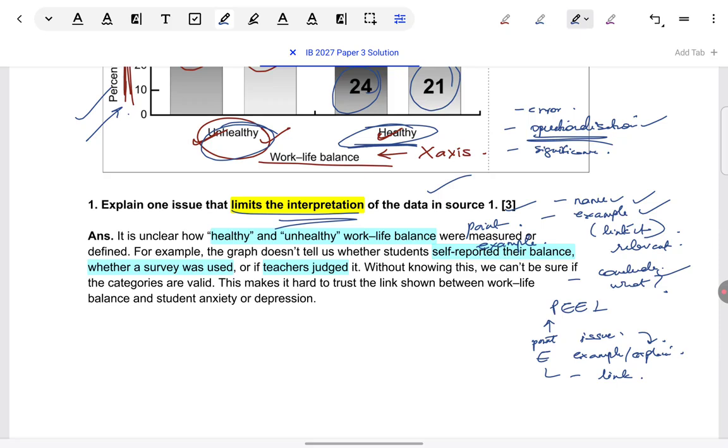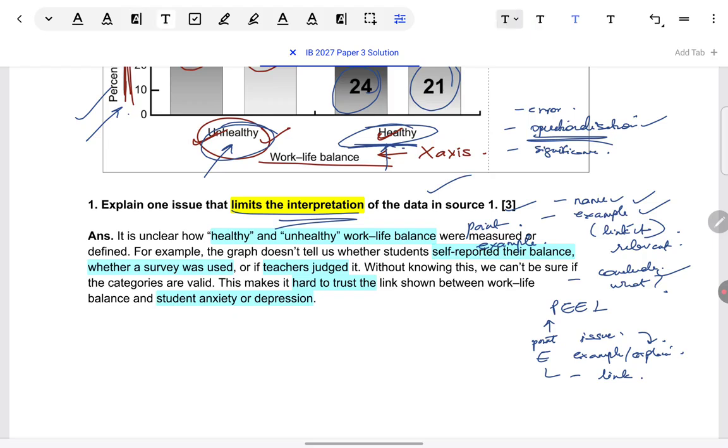Also, if the graph was truly representative of operationalization, instead of healthy and unhealthy on the x-axis, it would have mentioned, supposing, teachers' ratings for healthy or unhealthy balance, or self-reported ratings. Such information is not there, so it makes it hard to trust the link shown between student anxiety and depression.